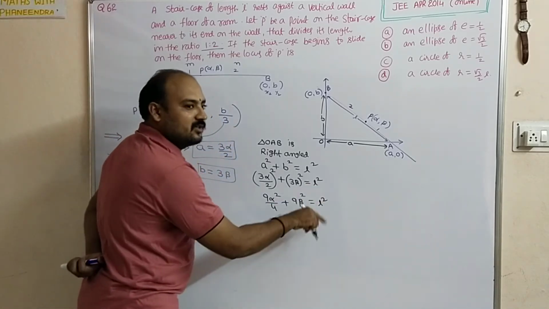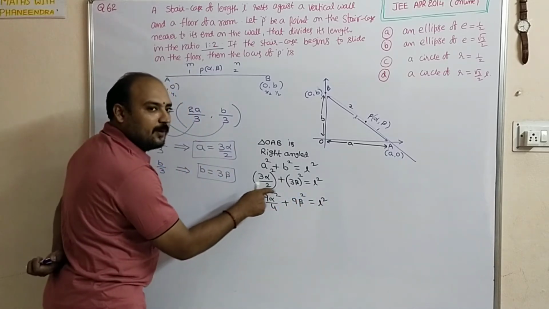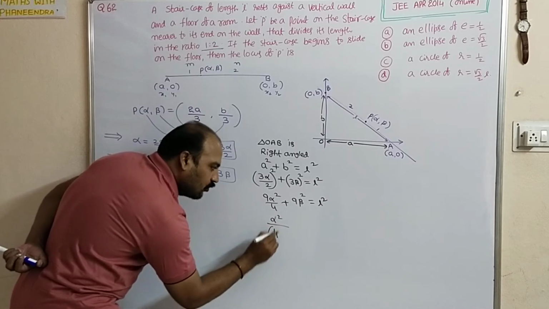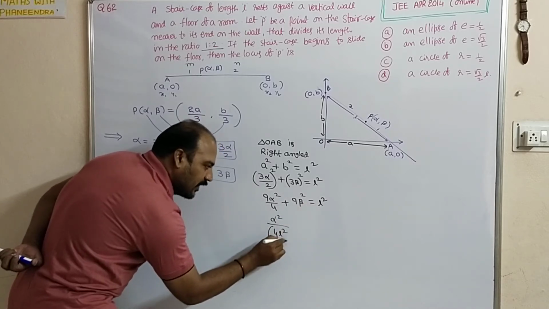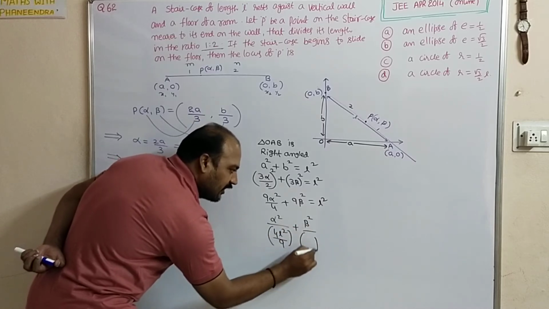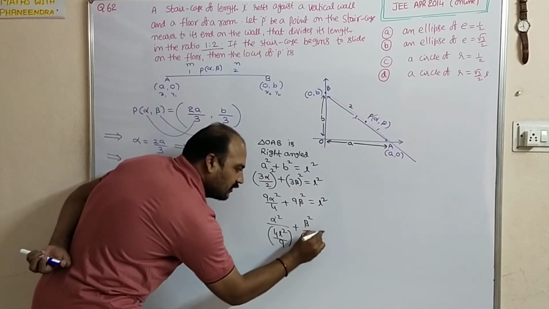Here I want to get 1. So dividing by L square and keeping alpha and beta in the numerator: alpha square divided by 4L square by 9, plus beta square divided by L square by 9.